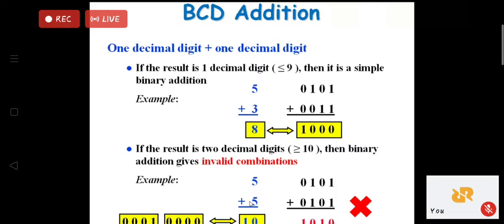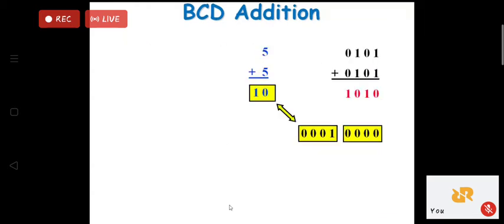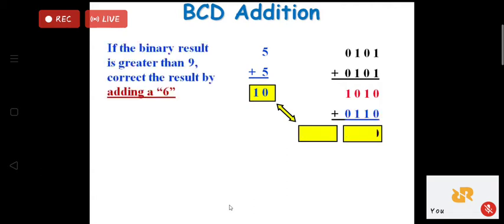This is what I have written wrong as binary addition, but in BCD our answer should be like this. So what is to be done? Let us see the methodology I am proposing. If the binary result is greater than 9, correct the result by adding 6.